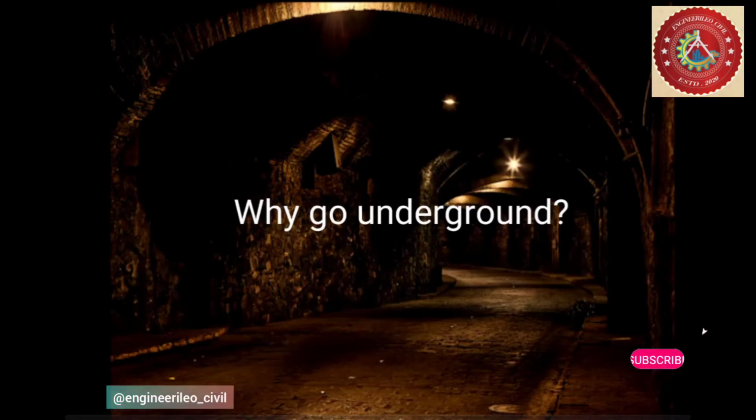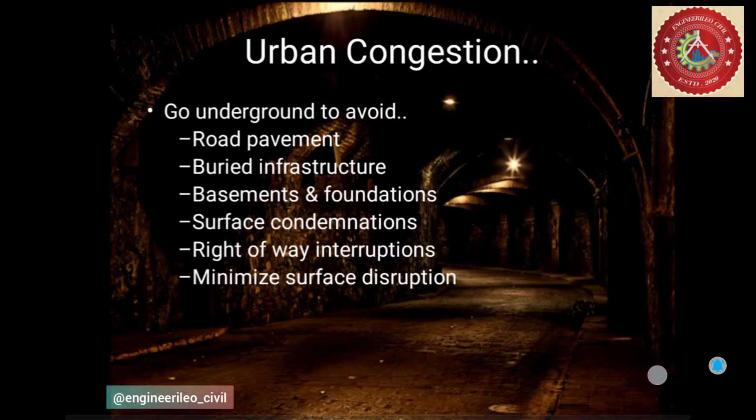Then the other question we have in mind: why do we go underground? What are the reasons behind it? First of all, traffic and urban congestion. Go underground to avoid road pavement, buried infrastructure, basements and foundations, surface contamination, right of way interruptions, minimization of surface disruption.